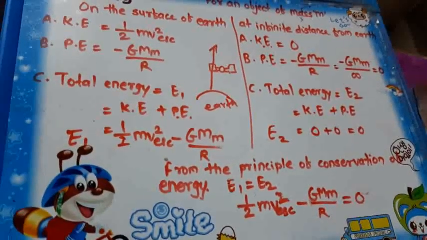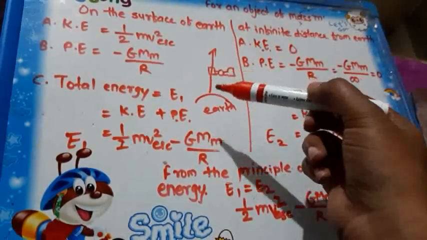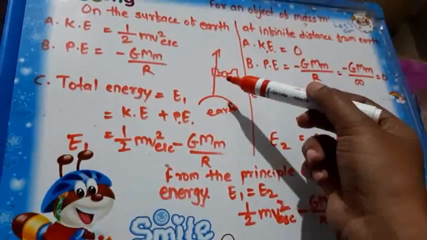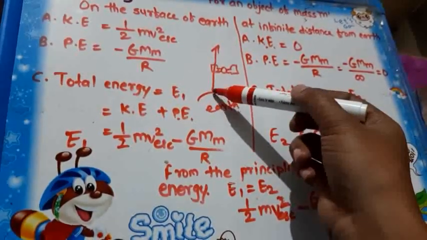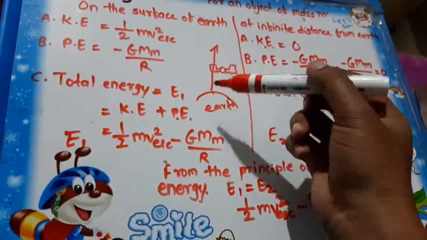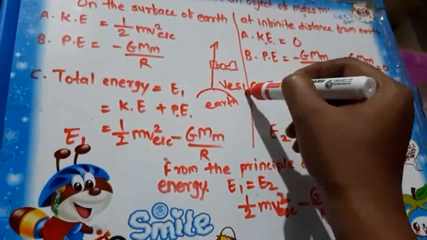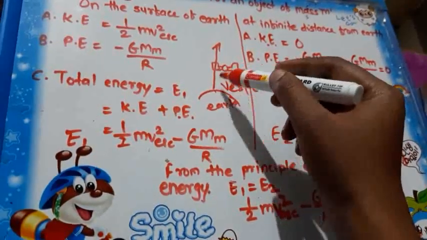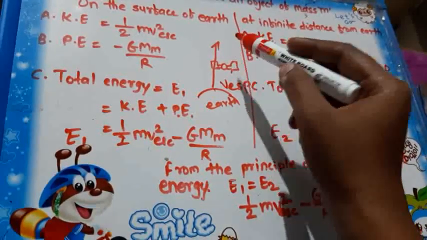For example, suppose this satellite we are going to launch from Earth's surface. That satellite should be launched from the Earth's surface with the velocity equal to escape velocity v. Then only it is possible for that satellite to go to a particular higher height and it will not come back again.